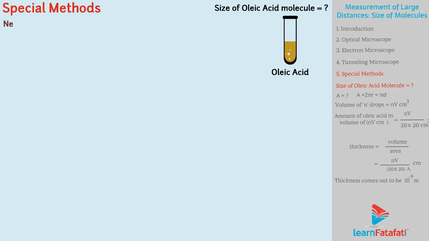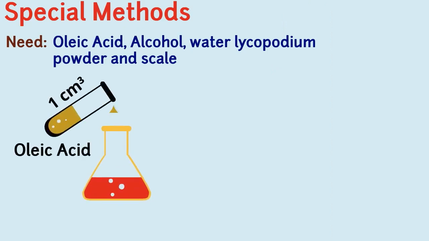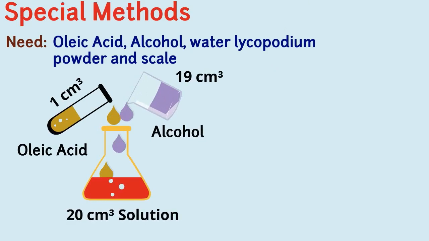For that, we need oleic acid, alcohol, lycopodium powder and scale. First, dissolve 1 cm cube of oleic acid in 19 cm cube of alcohol to make solution of 20 cm cube.